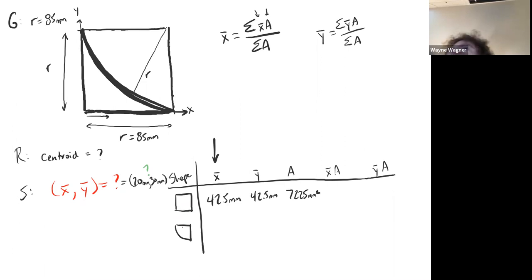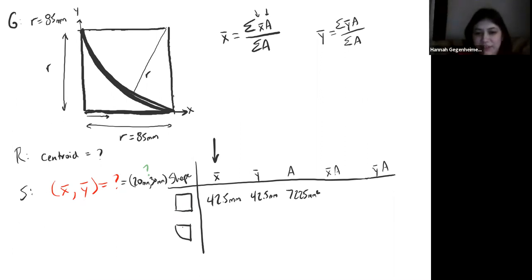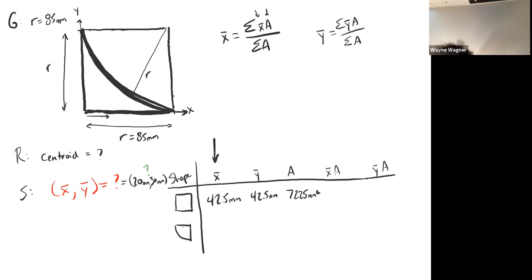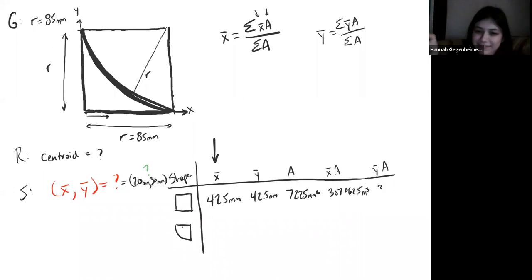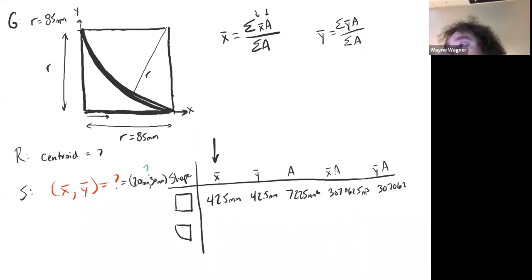So tell me, put in the calculator. 42.5 times 7225. Yep. I mean, unless you want to do it. All right. So it's 307,062.5. Probably a few too many sig figs, but whatever. And then it's going to be the same for this one, 307,062.5.